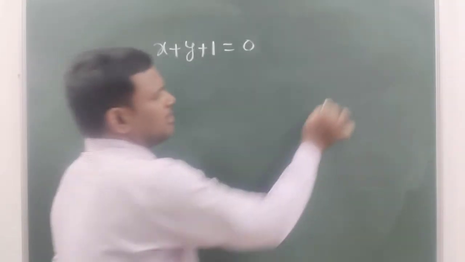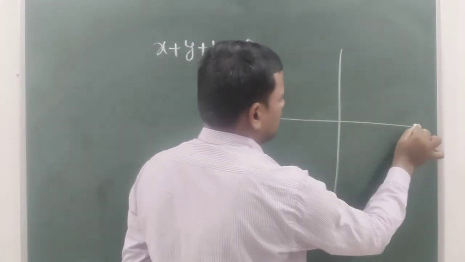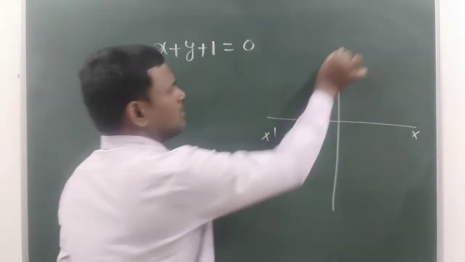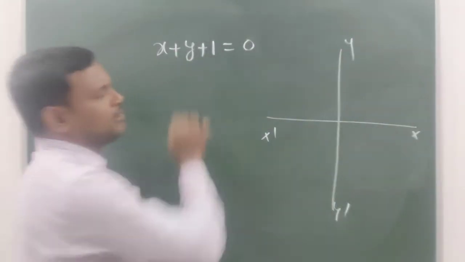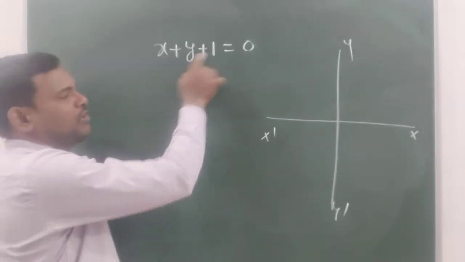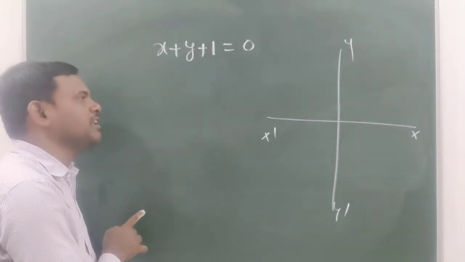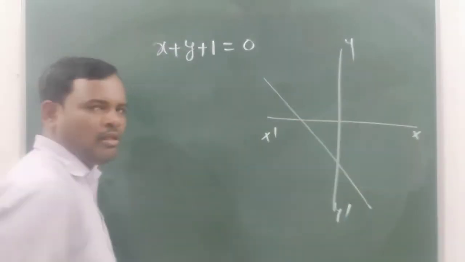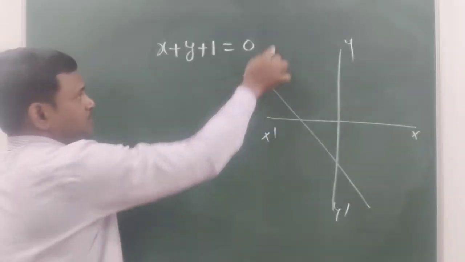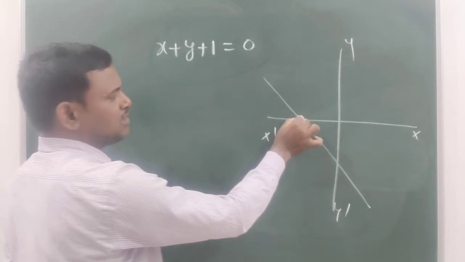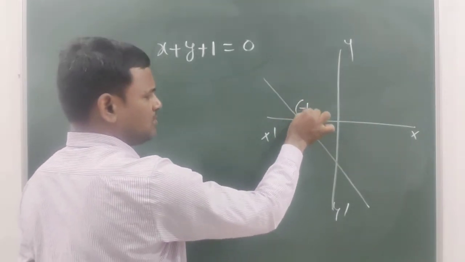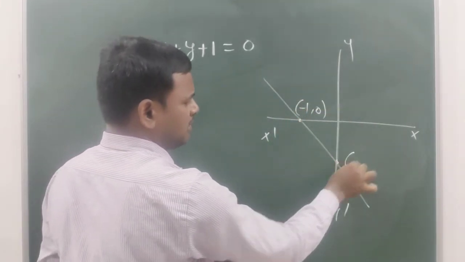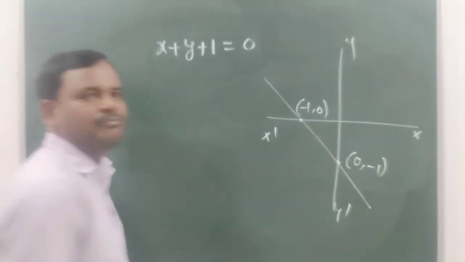If you draw the graph of this equation, how do you get it? Here you will get x-intercept negative and y-intercept also negative. So you get the graph of this equation like this, which intercepts the x-axis at minus 1 comma 0 and the y-axis at 0 comma minus 1.